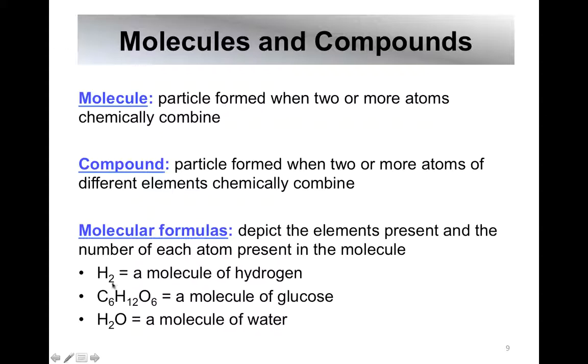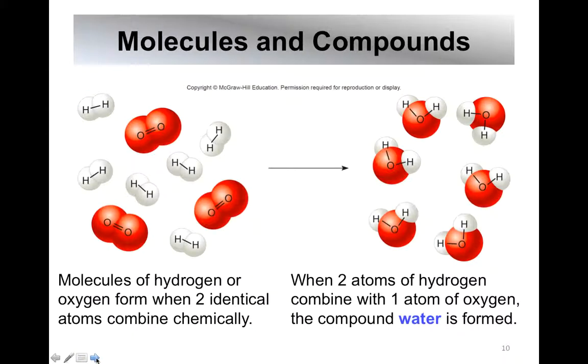The subscripts here mean, for glucose, the C6 means there's 6 carbons, 12 hydrogens, and 6 oxygens. And then H2O, that's water, that has 2 hydrogens and 1 oxygen. All right, this is what we just explained.